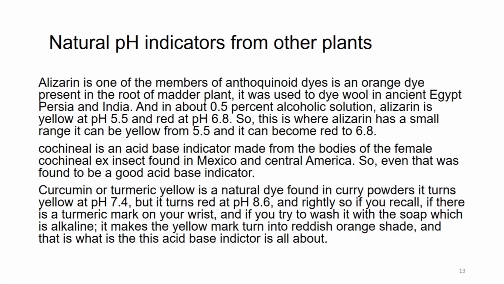But this also has a very small window between the acid and the base. It is yellow at 7.4 pH, whereas when it turns red it is 8.6 pH under the basic condition.